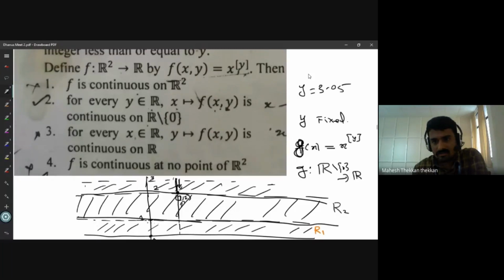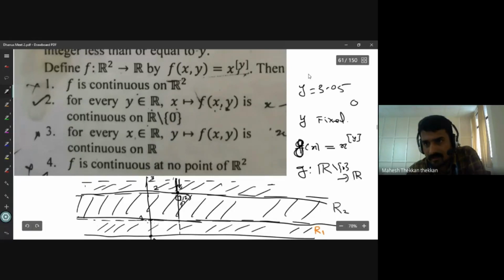Why R minus 0? Something like this can happen: 0 power 0 is not defined. If I am taking full R instead of R minus 0, there is a chance of things like 0 power 0.